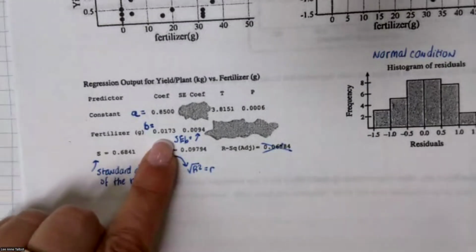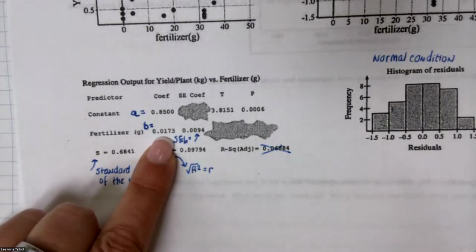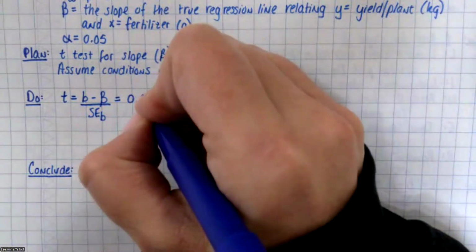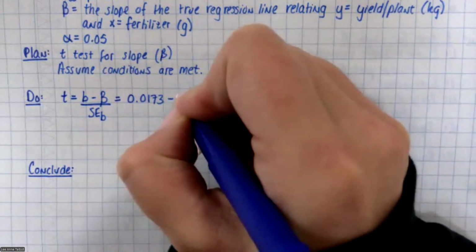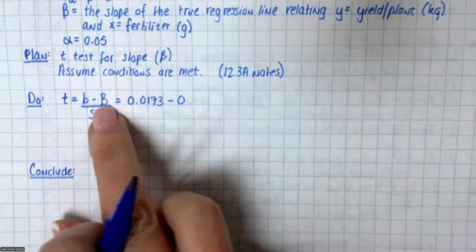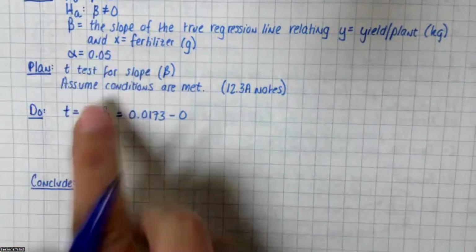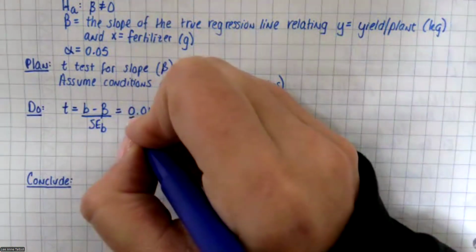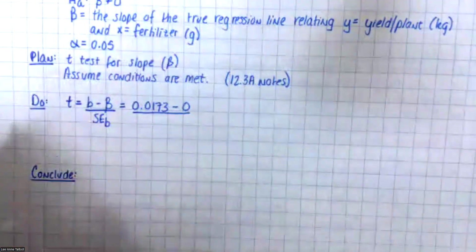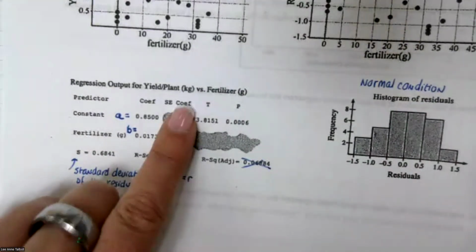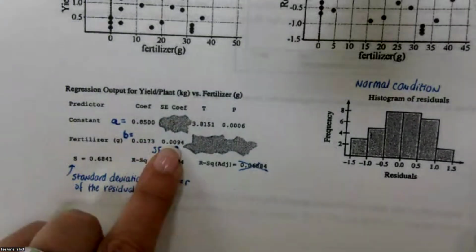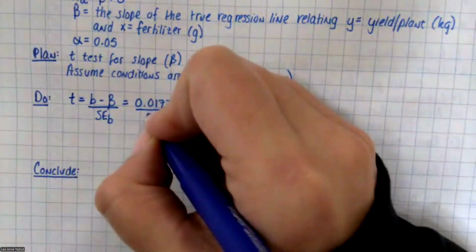And I'm going to go back to the problem here. So the statistic was the sample slope was 0.0173. Parameter is 0 because I said that b was 0 up here. Standard error of the slope is right here next to the slope. Those two guys are friends, 0.0094.